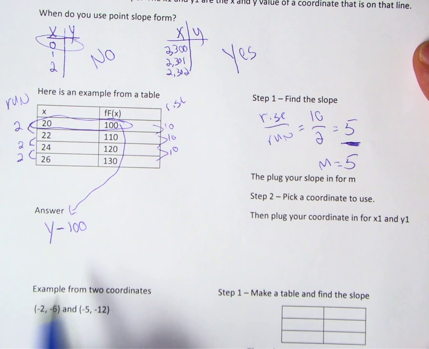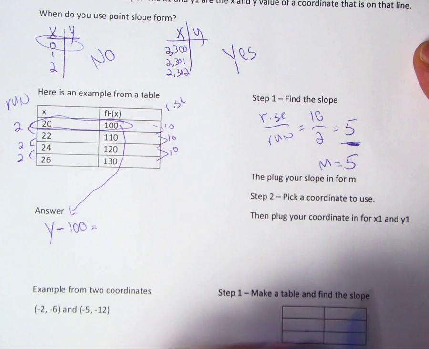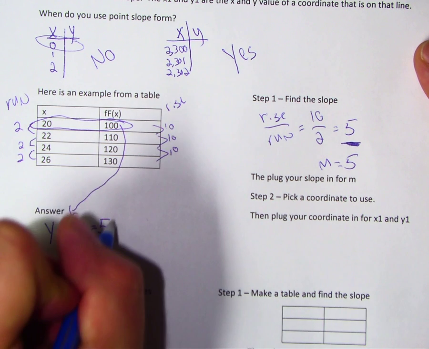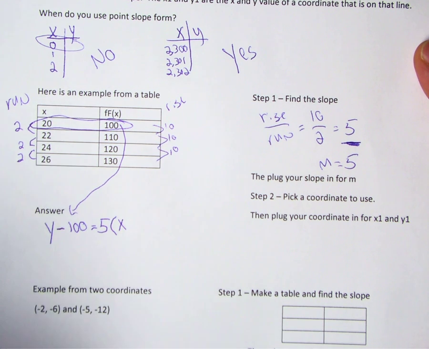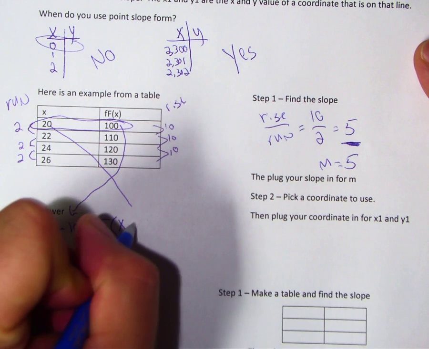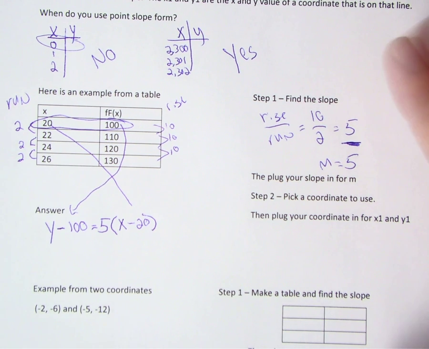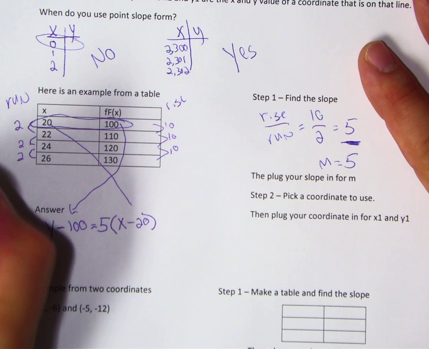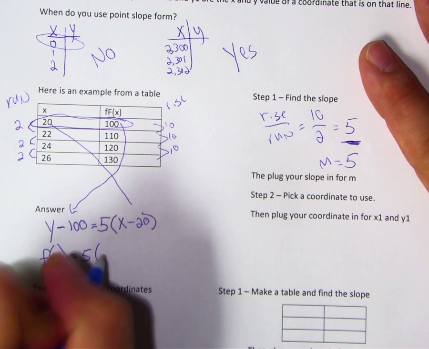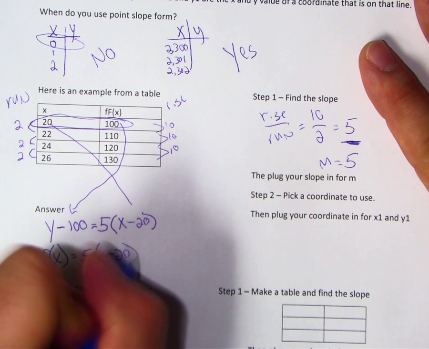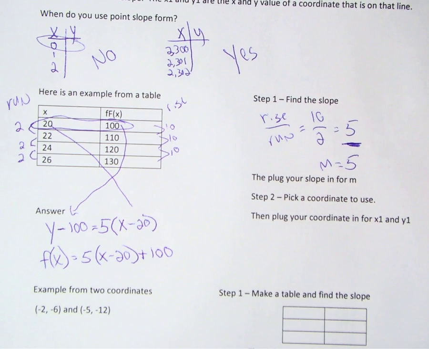If that was a negative 100, it'd be y plus 100, equals my m value, which is 5, parenthesis, x, and then minus my x value, which is 20. That's one way to write it. Another way to write it would be to write it as f of x equals 5 times x minus 20 plus 100 at the end.